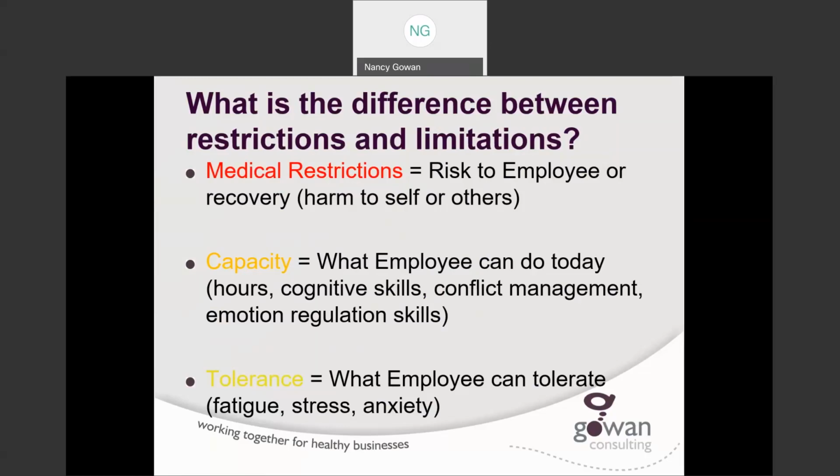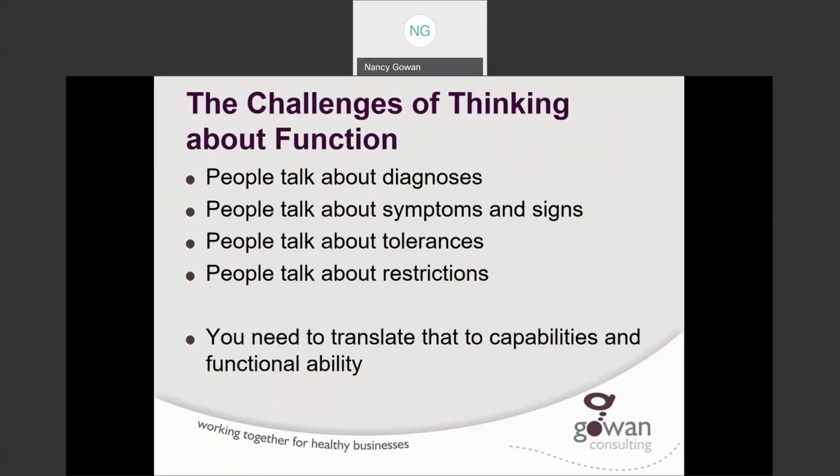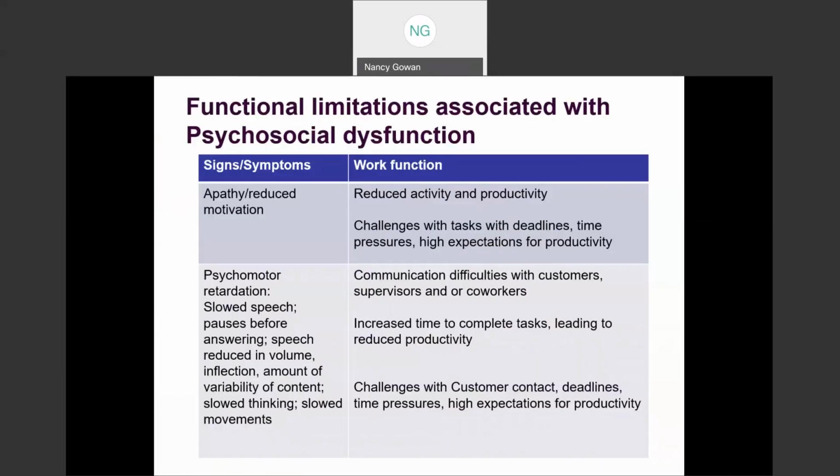What can an employee do? Challenges when it comes to thinking about function, because most people talk about diagnoses, treatment, signs, symptoms, tolerances, and restrictions. As an occupational therapist, we need to translate that into capabilities and functional ability.